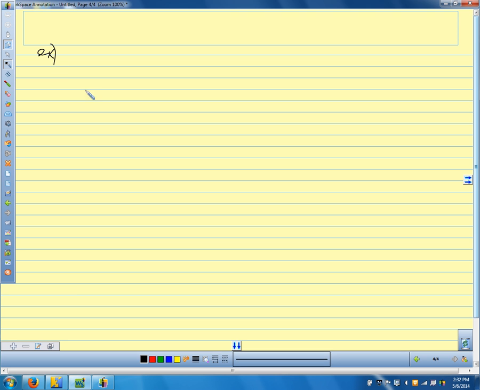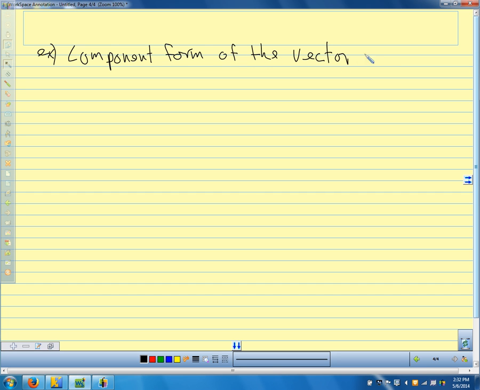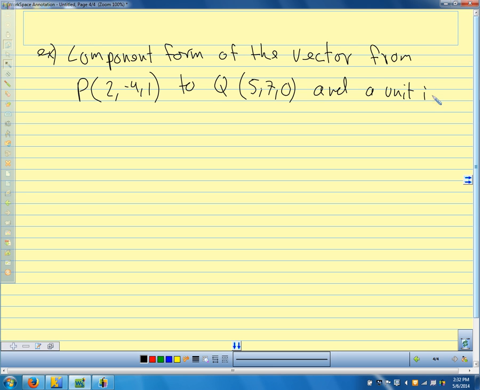So let's say we want the vector, the component form, of the vector from the point P, which is 2, negative 4, 1, to point Q, which is at 5, 7, 0, and a unit vector in the same direction.